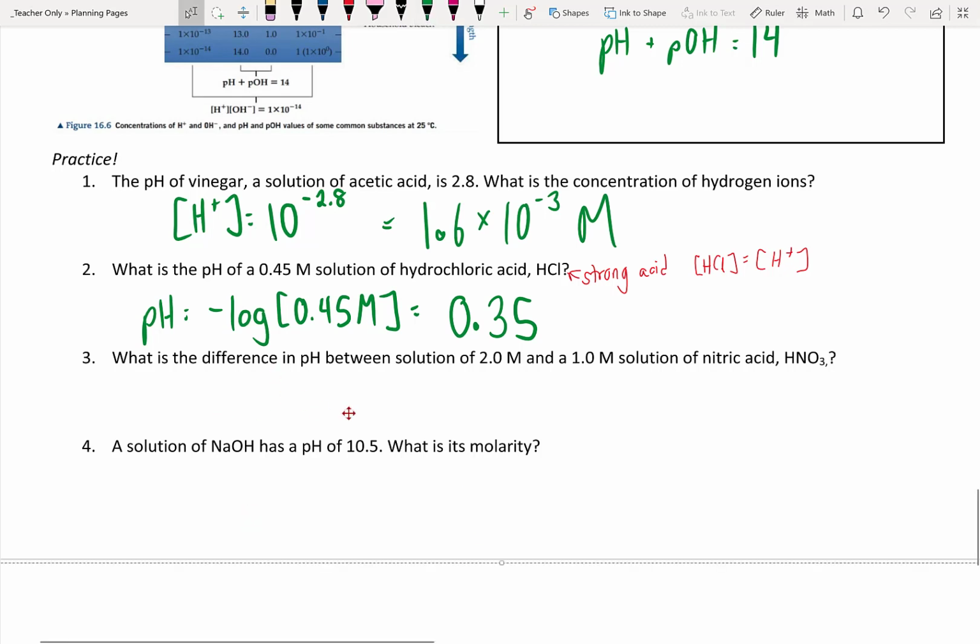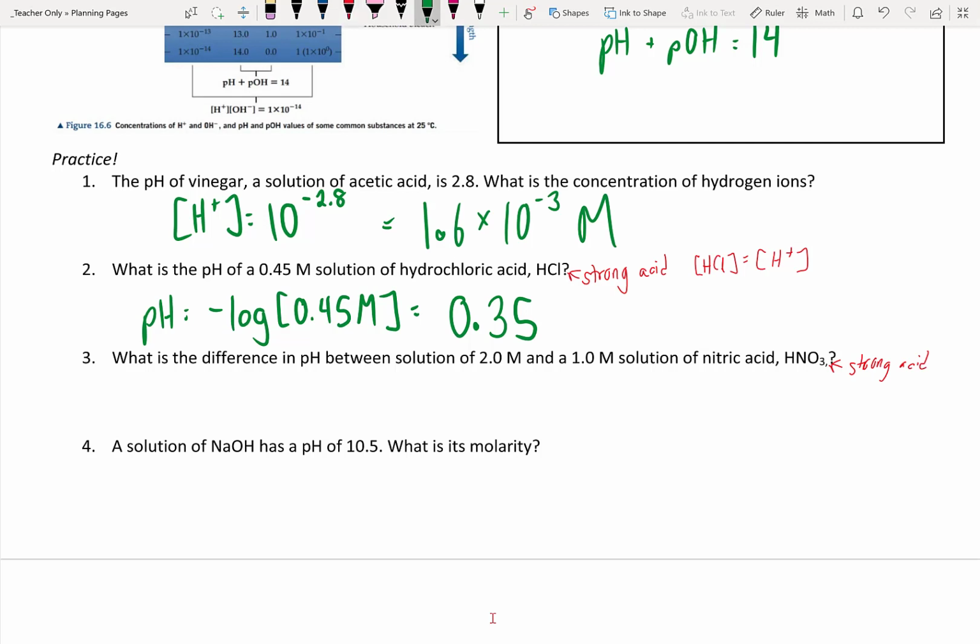What is the difference in pH between a solution of 2 molar and 1 molar solution of nitric acid? Now, your gut instinct might be to be like, oh, well, if the concentration doubles, the pH is going to double. Let's see if that is true. Or you might think it'll times by 2. Let's find out. So HNO3 is also a strong acid, so we can just use its concentration as the concentration of H plus.